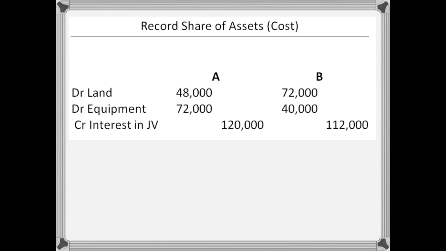So what each venturer does is effectively take its proportion of fair value if it did not put the asset in. So for A, it did not put the equipment in. So this amount here is because the equipment's fair value was 120, and 60% of that gives you 72.